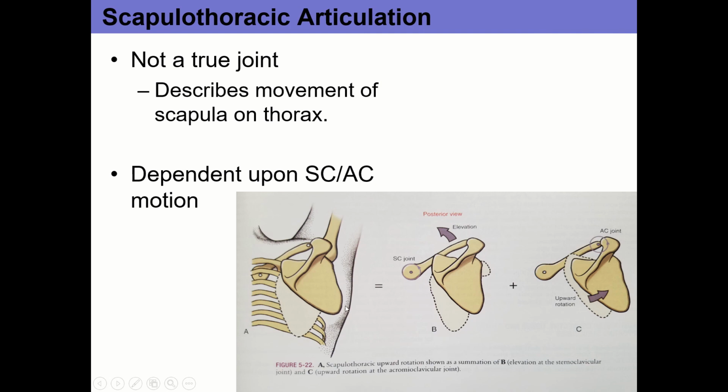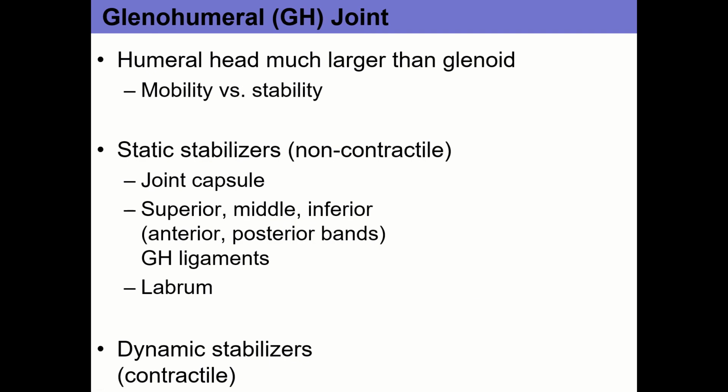So at the scapulothoracic articulation, the motion is upward rotation. But again, in order for that to occur, we had to get an upward rotation or elevation of the clavicle at the sternoclavicular joint. And then we had to get a little bit of a slide and spin here at the AC joint as well. So we have to have a motion at SC and AC to allow for scapulothoracic motion to occur.